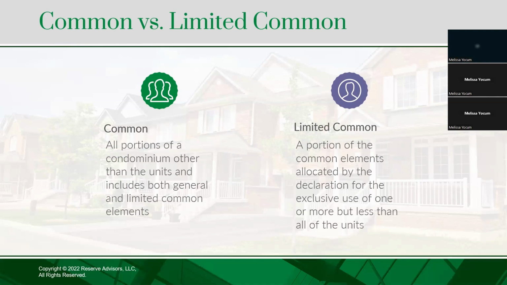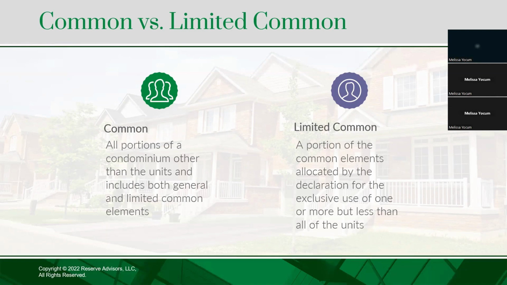Where a limited common component is still typically commonly maintained, it's something the association is responsible for, but the use is limited to one or more, but less than all units. So an example I like to give here might be a balcony. Maybe there's a building with balconies, a mid-rise building where the association does maintain all of those balconies, but the use is usually limited to the unit owner that has direct access to that balcony.